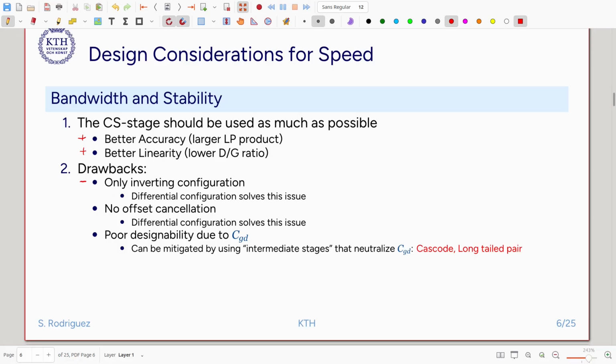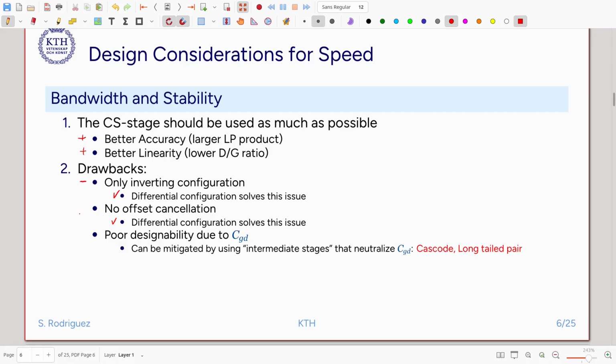The only problem is that there is no offset cancellation, so the output is always superimposed on the VDS of the transistor. We have seen that using the differential stage, these offsets and also the even order distortion are removed. So the use of differential configuration can alleviate this.